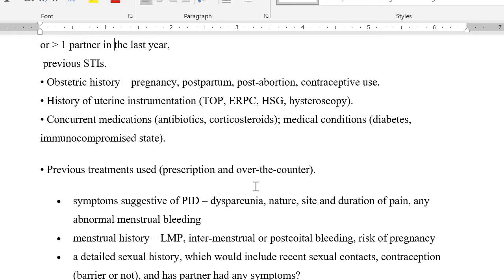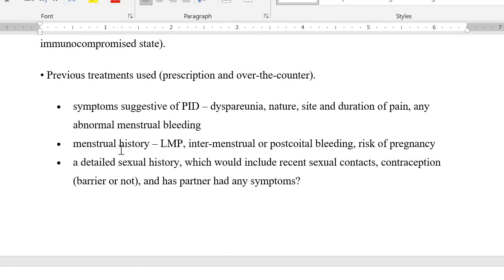Then you will ask about her previous treatments, if she has used any, and whether she has an immunocompromised status or any relevant condition. Symptoms suggestive of PID, like dyspareunia, nature, site, and duration of pain, any abnormal menstrual bleeding, then menstrual history.